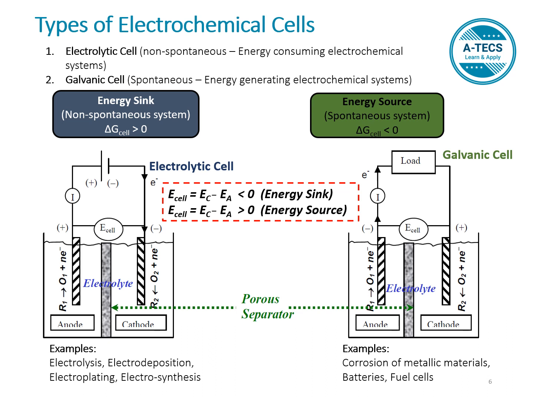In the energy source, the cell potential is always positive because the potential difference between the potential of cathode and potential of anode is always positive in energy generating devices. The examples are corrosion of metallic materials. In batteries, during the discharge process, we have galvanic reactions.